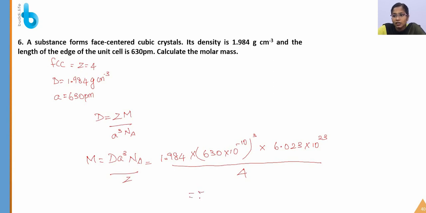On solving all this, we get 75 amu, or 75 u. So this is the answer.